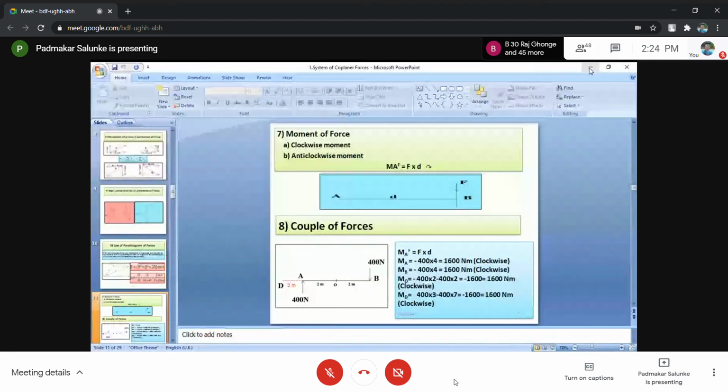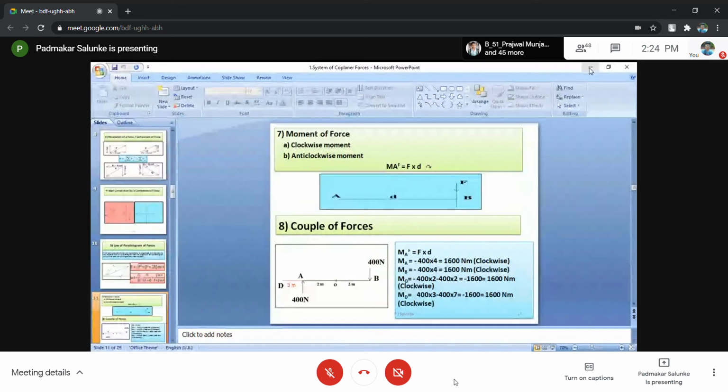Moment is the product of force and perpendicular distance. In reality, the body rotates either clockwise or anti-clockwise. Accordingly, that moment is considered as a clockwise moment or an anti-clockwise moment. Moment is a vector. Whenever you consider any individual force, individual moment, it is always positive.